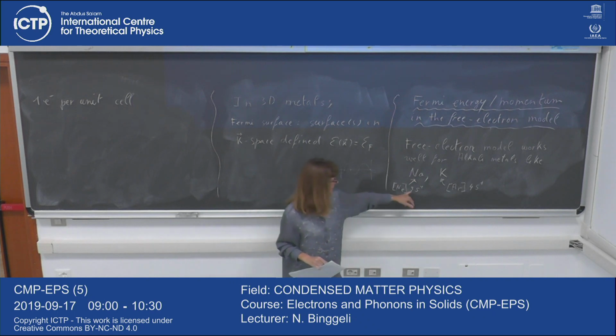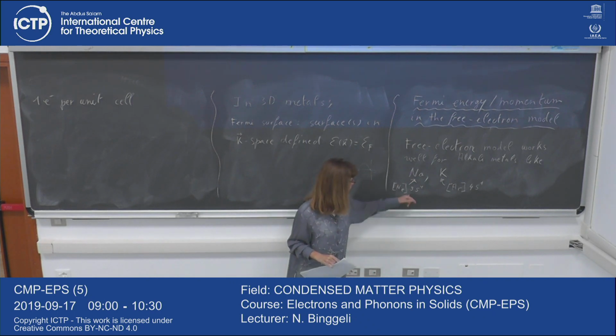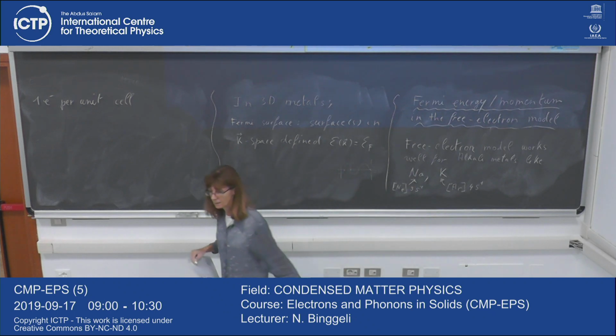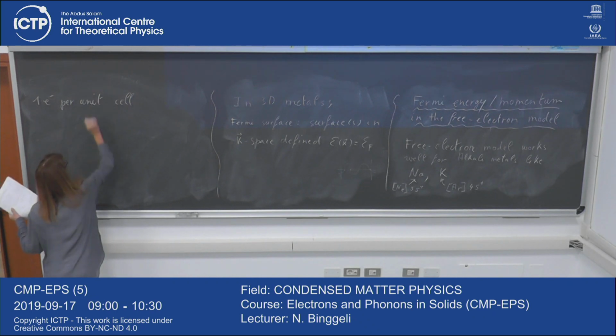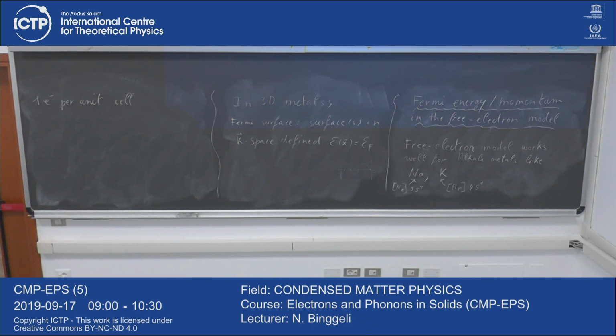So clearly, these will give metals with just one valence electron. Okay, so these have one electron per unit cell, in the sense one valence electron per unit cell, and we will consider just this one. The other electrons are like in the atoms and are deep in energy.